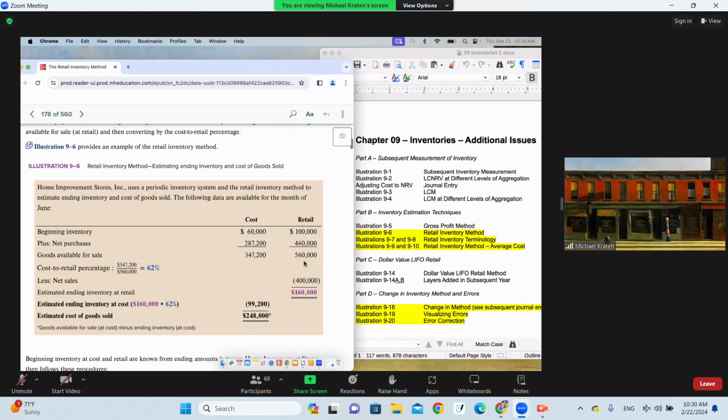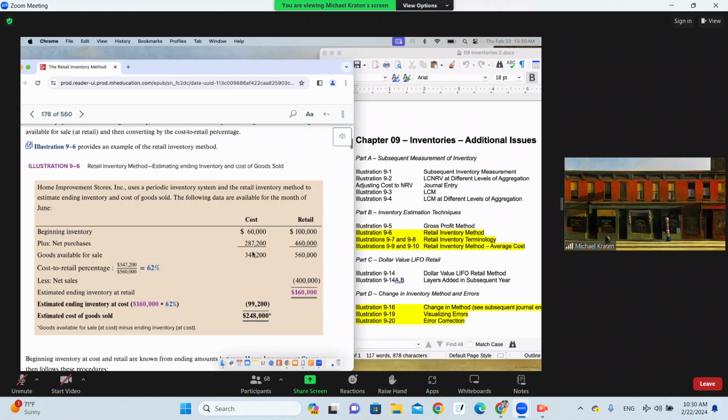And in a normal system, unless something goes wrong, you're going to want to sell the product for more than what it cost you to buy it. That's how you make a profit. And therefore, the retail numbers in the first three rows are going to be higher normally than the cost numbers.